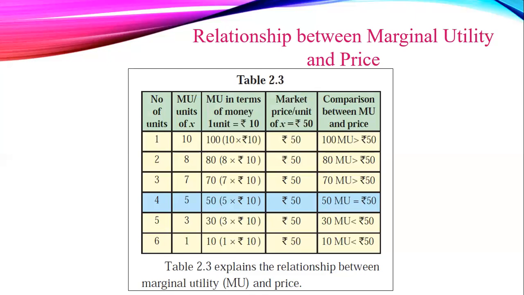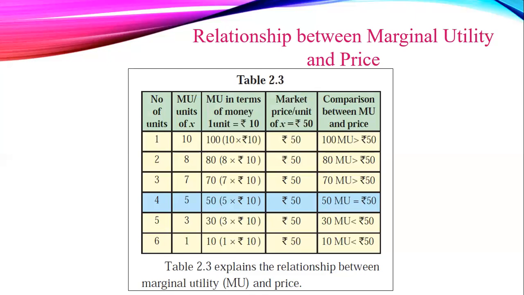Now, I will explain the last column. The last column is about comparison between MU and price. I will explain the last column along with the entire table point-wise. Listen very carefully. First point, the table shows that a consumer starts buying units of commodity X for his consumption one after the other.